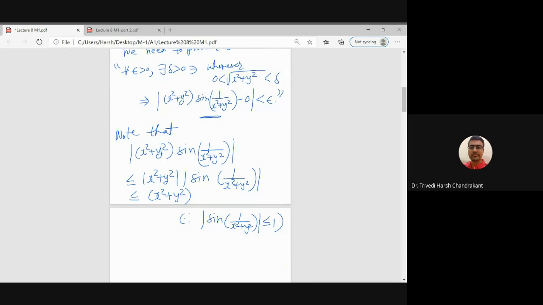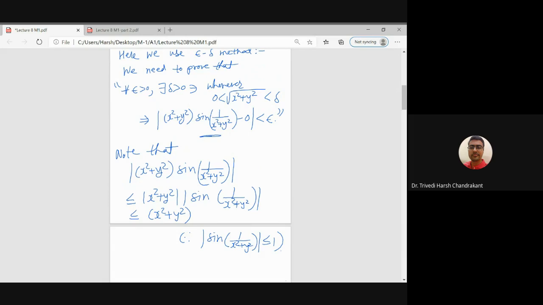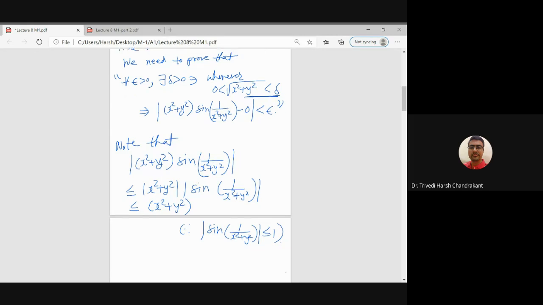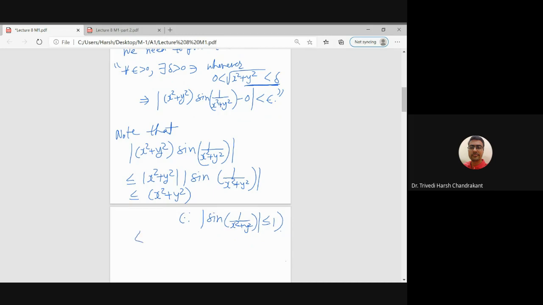Now what we need to check is we need to convert x square plus y square in terms of delta. We know that the square root of x square plus y square is less than delta. If we square this inequality, then we get x square plus y square is less than delta square. But what we want is for this quantity to be less than epsilon, and we got it less than delta square.